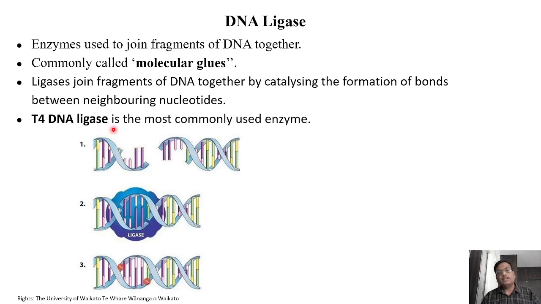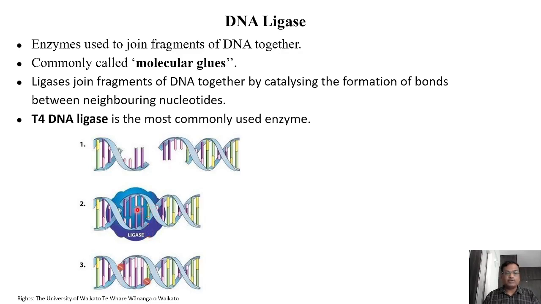T4 DNA ligase, the ligase enzyme which is obtained from T4 bacteria, is one of the most commonly used ligase enzymes in recombinant DNA technology. Here you can see, this is one DNA, this is another DNA, and these are the two sticky ends which are produced by the action of restriction endonuclease cleaving. And this is the ligase enzyme.